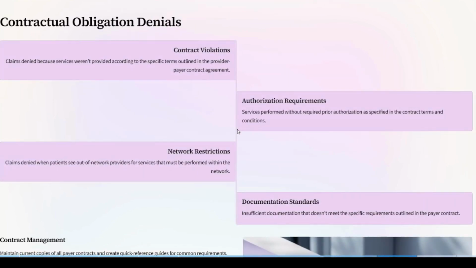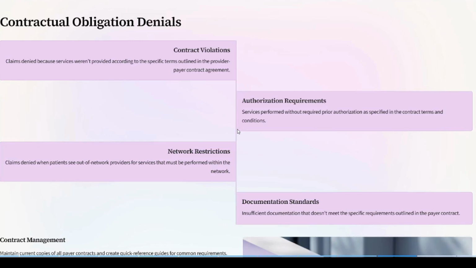All right. So next, this is very common, we have contractual obligation denials. All right. So there are contract violations. Claims are denied because services weren't provided according to the specific terms outlined in the provider-payer contract agreement.